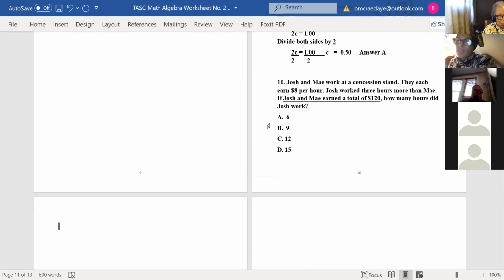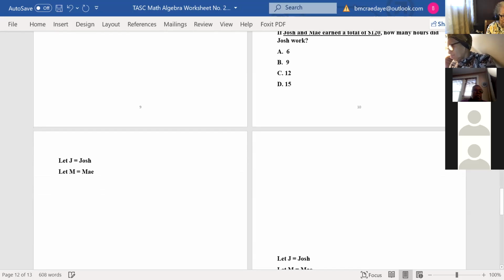You got to let J be Josh, right? Okay, so she's setting up her variables. Let J equal Josh, and let M equal May. Okay, so she set up her variables. Now what do we do next?